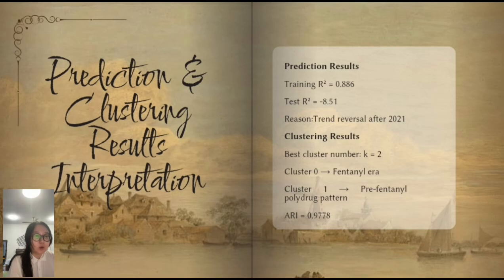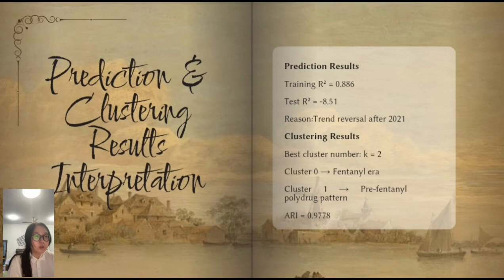This means the model can explain around 88% of the variation in the historical data. In other words, the model fits the training data quite well. The result shows that there is a strong trend in the historical overdose data.